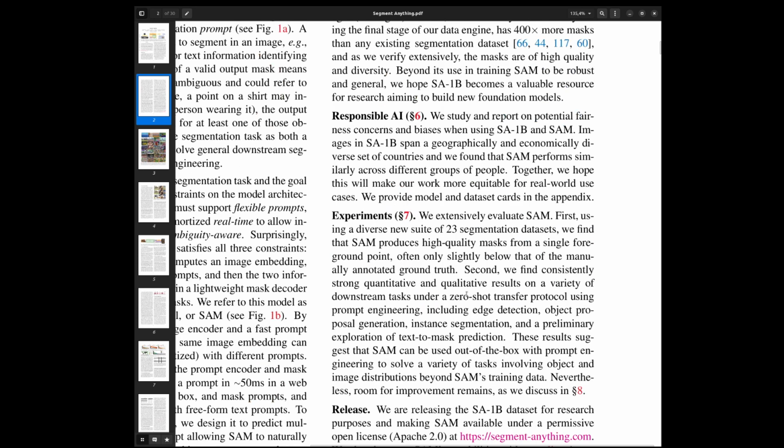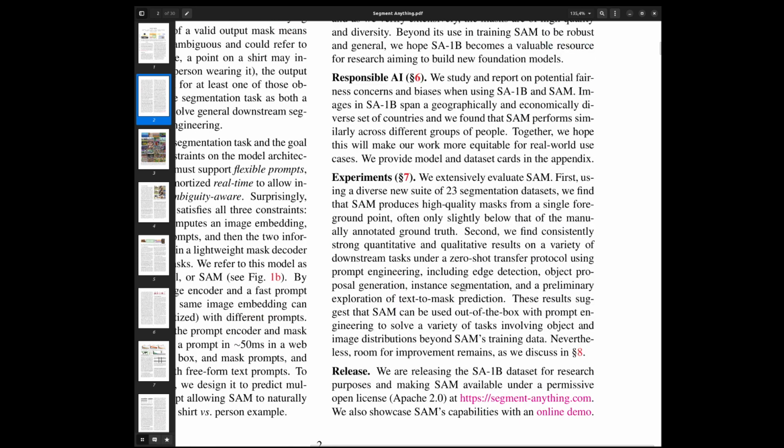Okay, so experiments. We extensively evaluate SAM. First, using a diverse new suite of 23 segmentation datasets, we find that SAM produces high quality masks from a single foreground point, only slightly below that of the manually annotated ground truth.